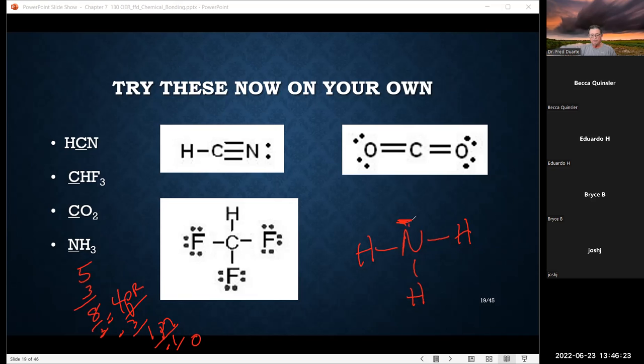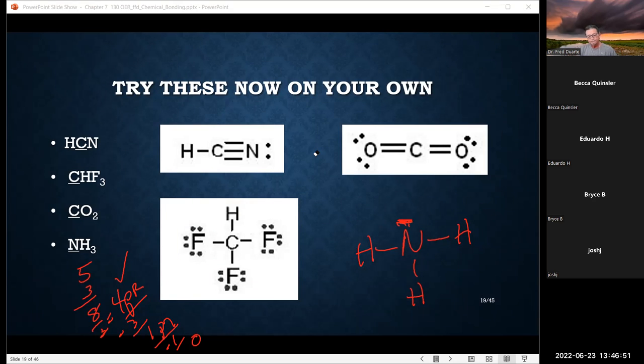Go back and do your inventory, double check, make sure you still have 4. You got 4. So 4 pair, we're still good to go. And that's it. That's the structure. Okay. You don't have to make any changes, because the octet's fulfilled with respect to nitrogen. Okay. It's happy. And the hydrogens are all set with their duet.